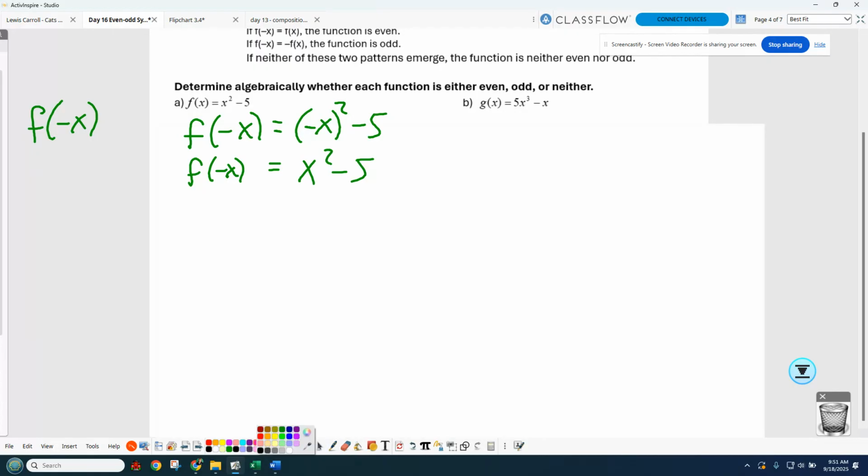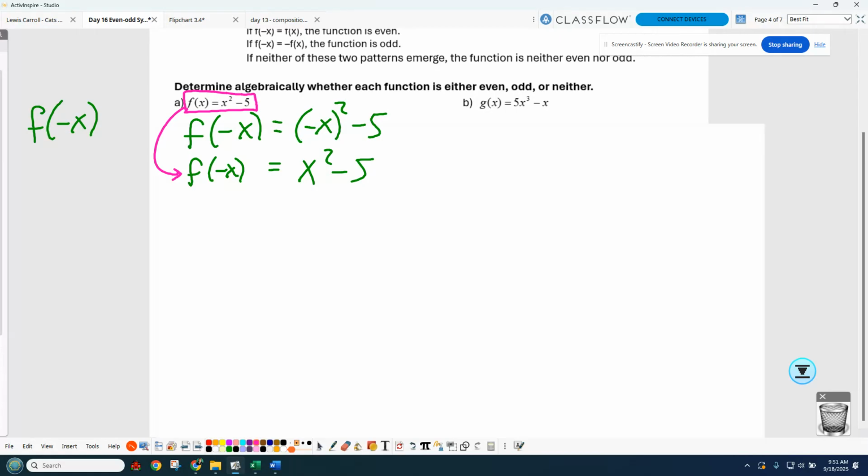Boaz, from the problem itself, what's the very first thing that we started with? What is f of x itself? In what is written? X squared minus 5. So Ashley, is my original question equal to the f of negative x?